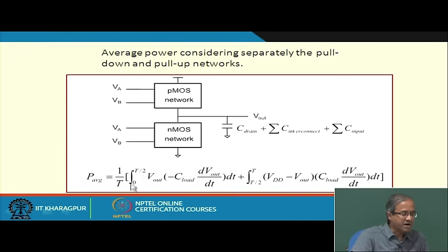For half the cycle, 0 to T by 2, the voltage of this node is V out, so this is discharging, C load dV out dt, and in the other part you are charging. Now the voltage difference is VDD minus V out. If you take this sum total, you will get the average power consumption over both the cycles, charging and discharging.